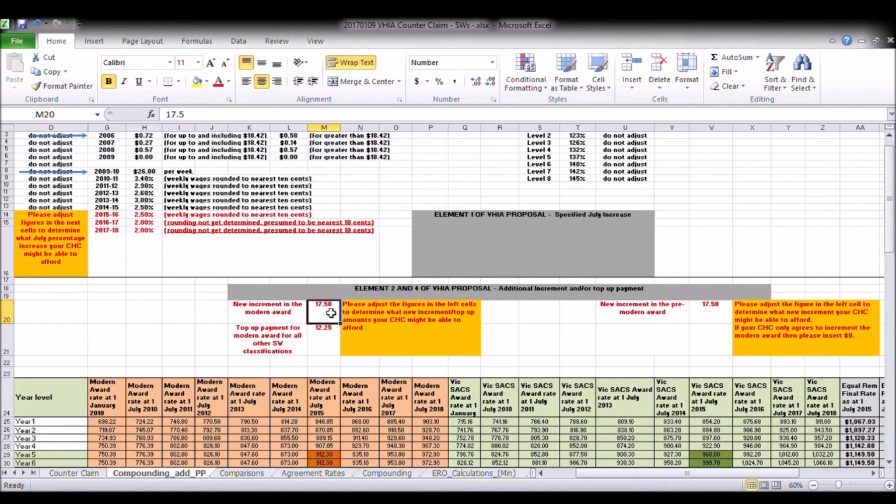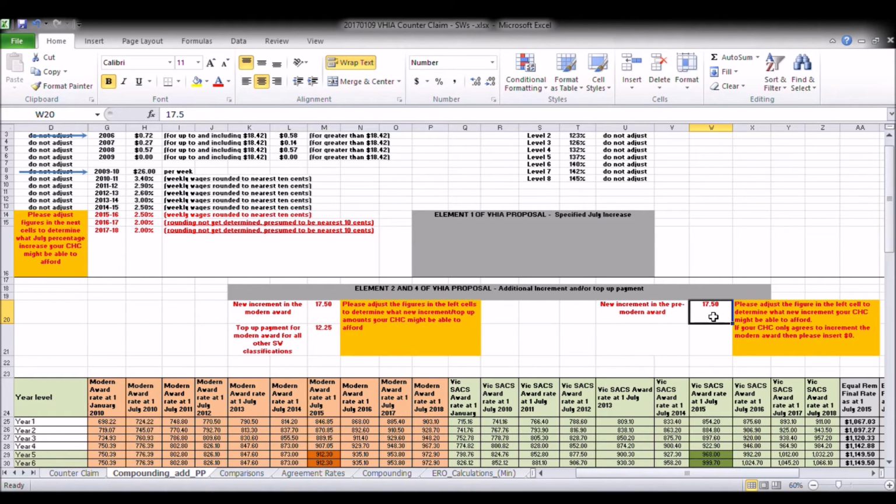Then the other element of number 2 is adding the same amount of money to the pre-modern award so that it interacts with the ERO and evens out some of the increases, which is a claim that the ASU has made as a counter proposal to the VHIA Proposal 1.